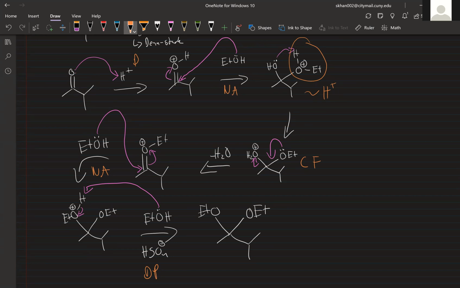It starts off with, what did I write? I wrote D there, it should just be H as well. Same thing I'll write here then. So it's literally a protonation, nucleophilic attack, rejumbling the proton. Then it's the carbonyl reformation. That's what I mean by CF, or carbonyl formation.